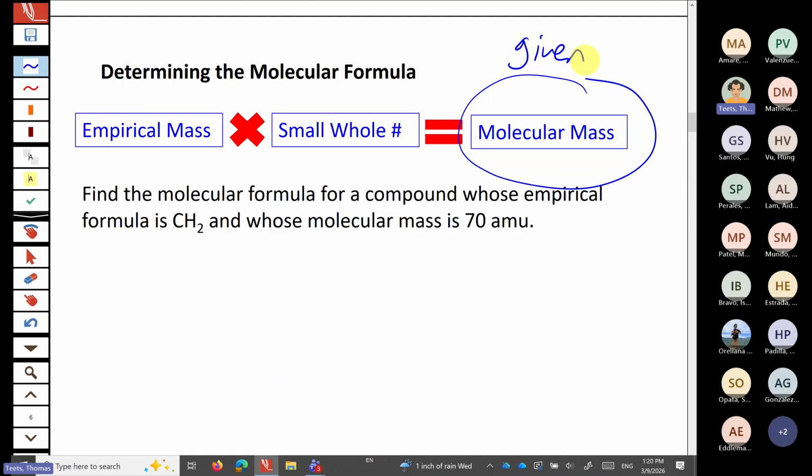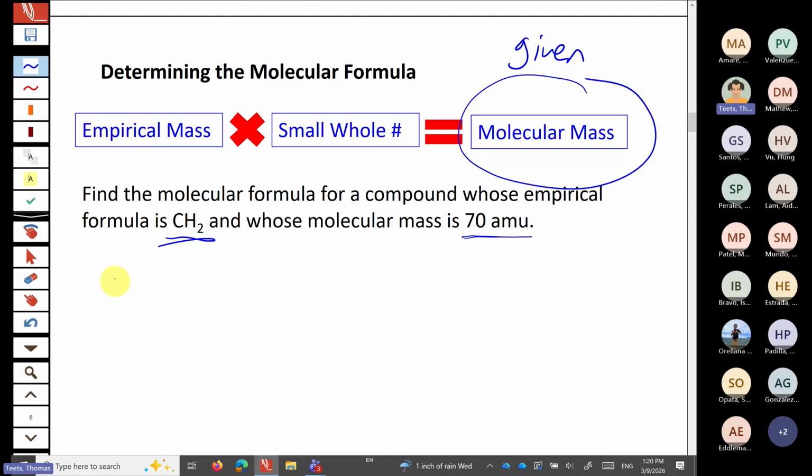So as an example of that, let's say we work through a problem similar to the one above, and we found that the empirical formula is CH2. We want to know what's the molecular formula. Well, if we want to know the molecular formula, the other information you need is the molecular mass, which we're given here is 70 AMU.